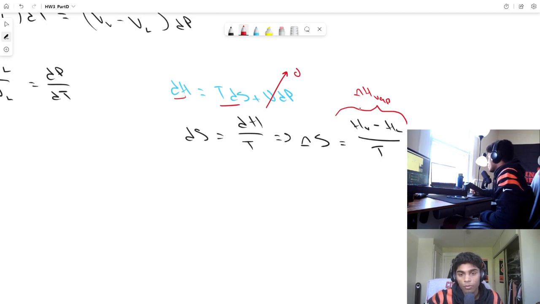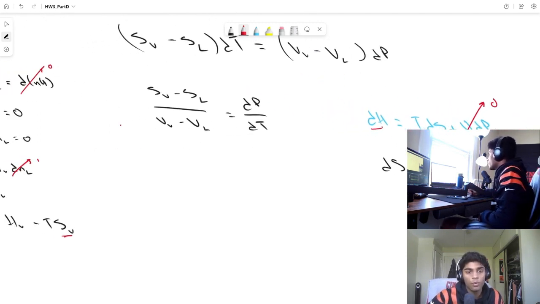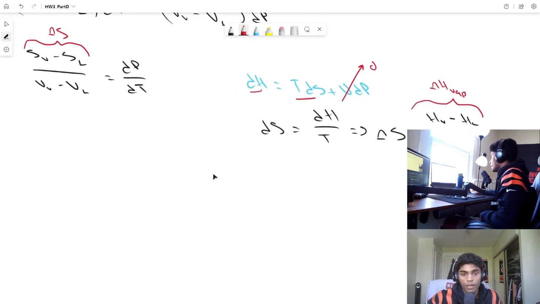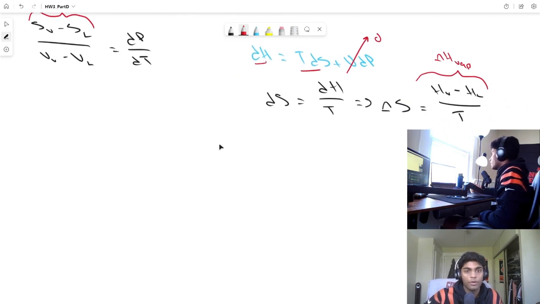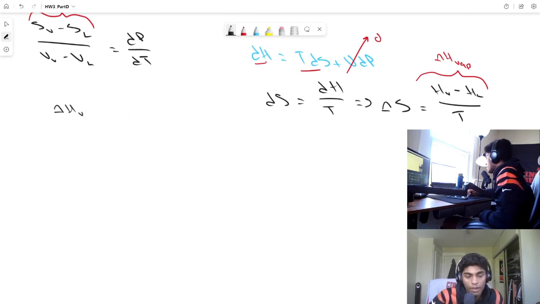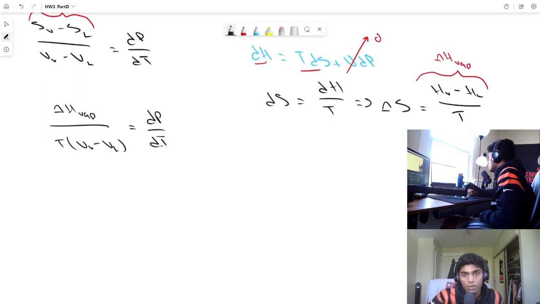And so when we go ahead and plug all this back into our original equation, we can look at this as our delta S. And so ultimately what we get here is delta H vap over T times specific volume of the vapor phase minus specific volume of the liquid phase is equal to dP dT.